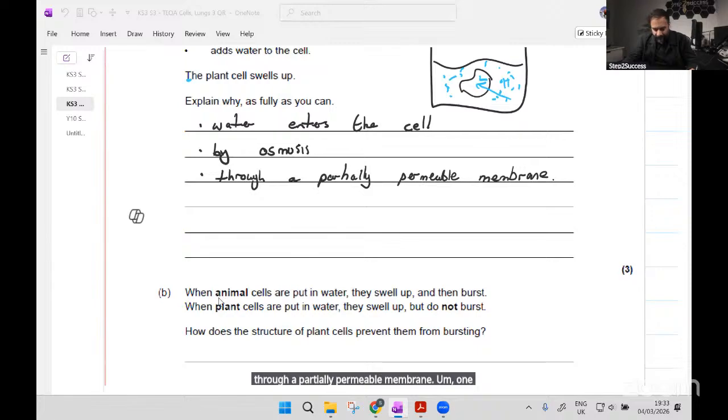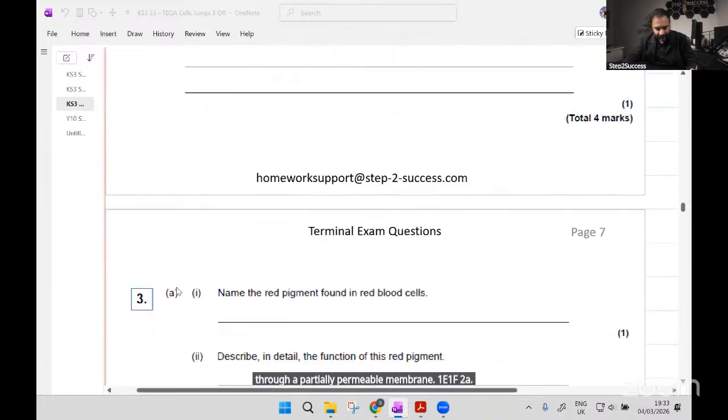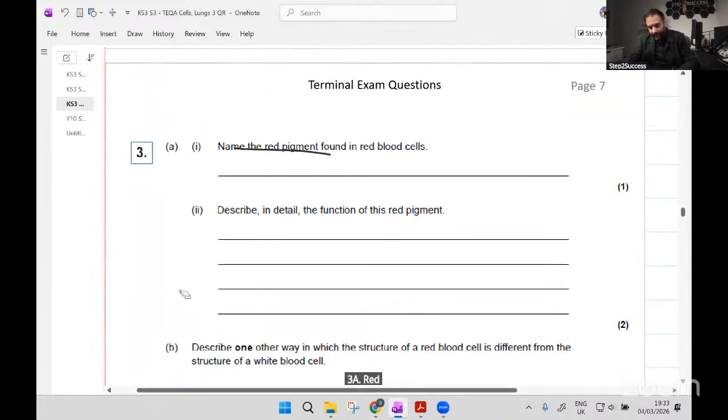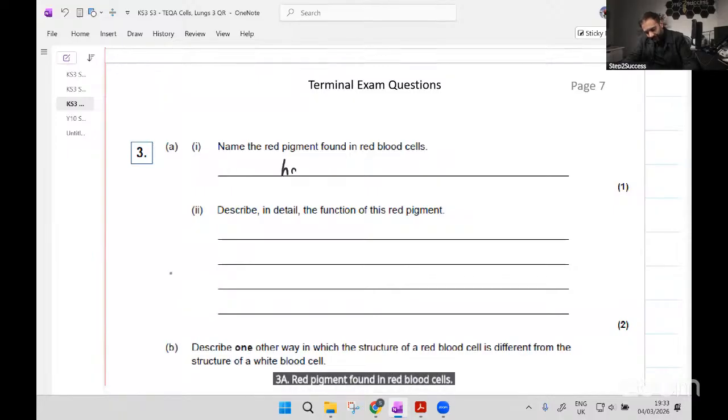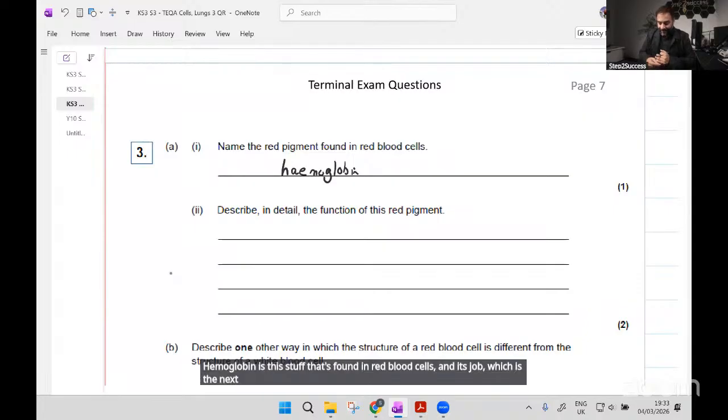1E, 1F, 2A, 3A. Red pigment found in red blood cells. It's called hemoglobin. Hemoglobin is this stuff that's found in red blood cells, and its job, which is the next question, is that it can sort of lock onto the oxygen.